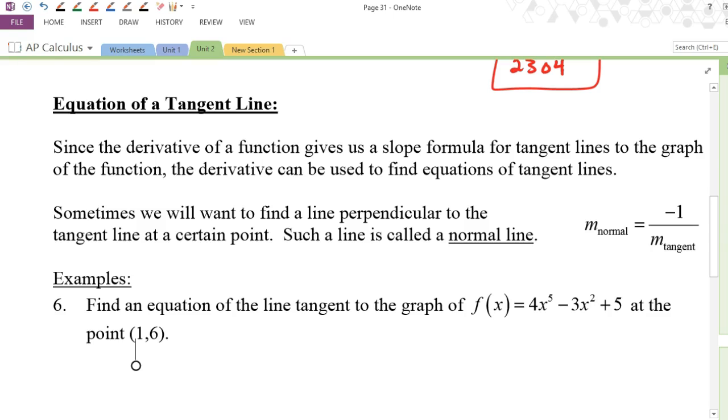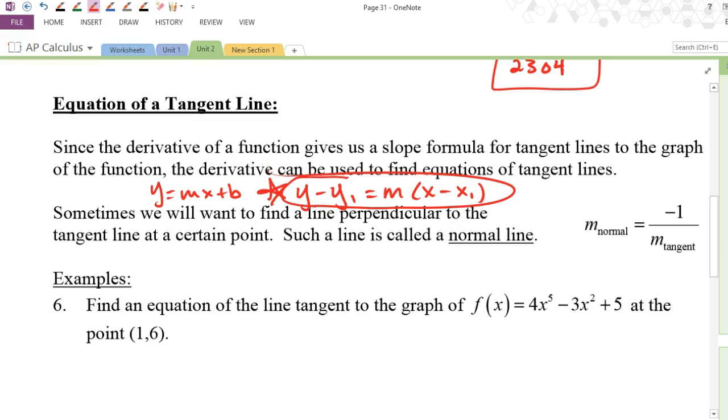What are the linear forms of equations? There is y equals mx plus b, and then the one that we're going to use is y minus y1 is equal to m times x minus x1. This is the easiest one to use, and unless they specifically say the type of form they want it in, we're going to leave it like that.